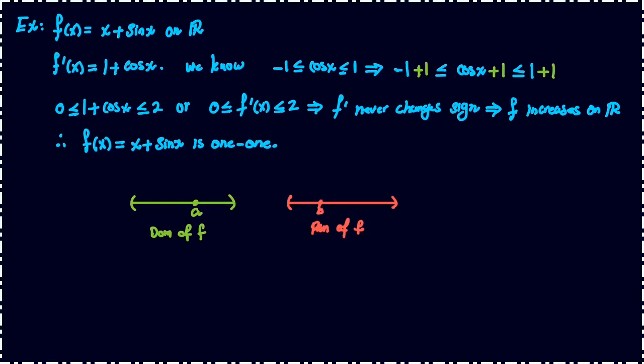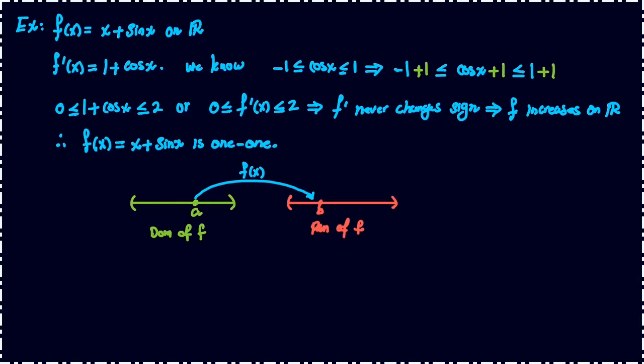And what f does is that f takes a in, and it gives you b in the range. But f inverse does the reverse.